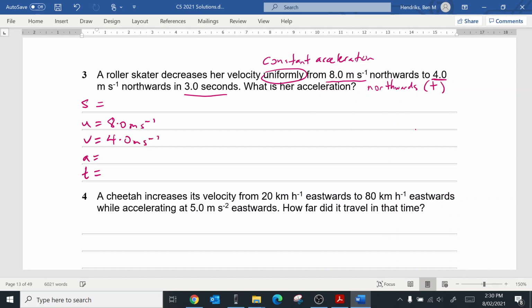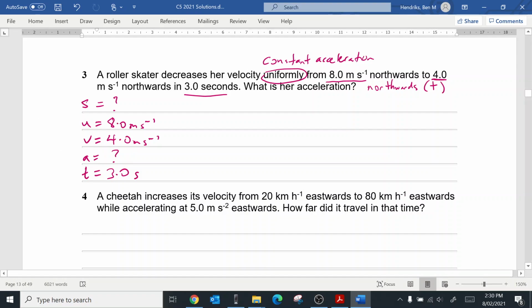And again, that's positive. Acceleration, that's what we're looking for. And time, we have the time of 3.0 seconds. So once we have found out all that we know, we don't know what the displacement is either, but we're not necessarily looking for that.